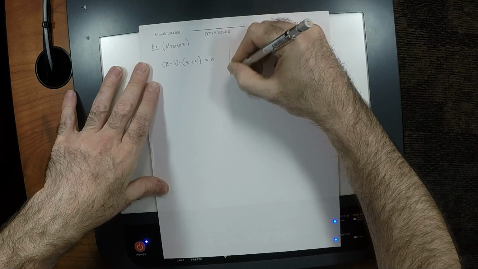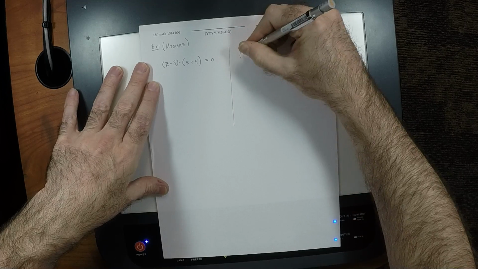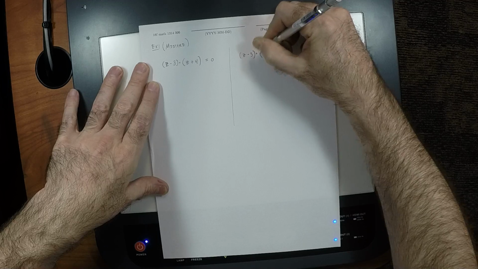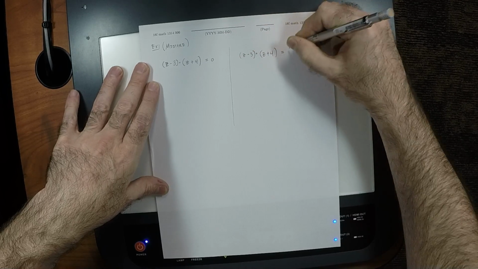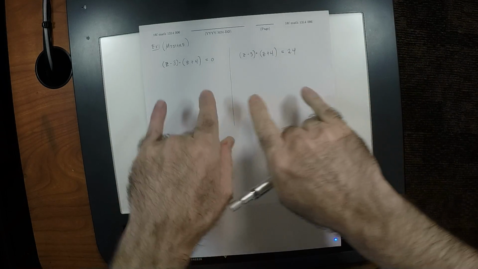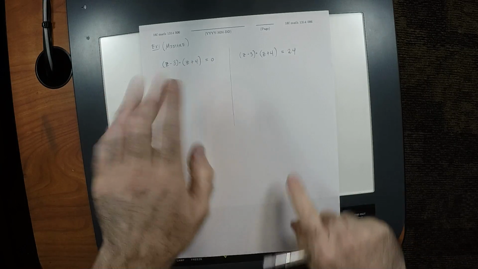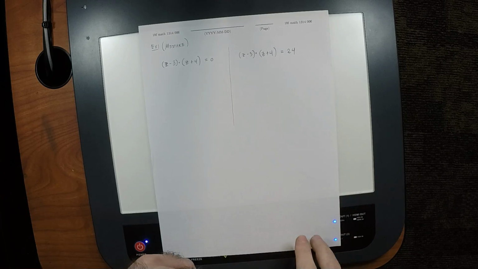And then by way of comparison, perhaps on a different exercise, you came to a place where it was z minus 3 multiplied by z plus 4 is 24. Suppose that one way or another, on one exercise you wind up in this position, and on some other exercise you wind up in that position.